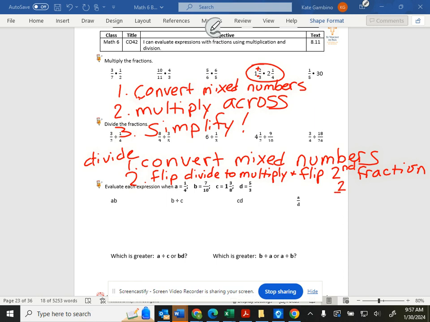So if it was 2/3, that becomes 3/2. So you flip only the second fraction. There are a lot of us who still flip that first fraction. You only flip the second fraction. Then we continue on like we are multiplying. Multiply across and simplify. Okay? So the big thing with dividing is you flip divide to multiply and you flip the second fraction to its reciprocal. Only the second fraction. Any questions on this objective?